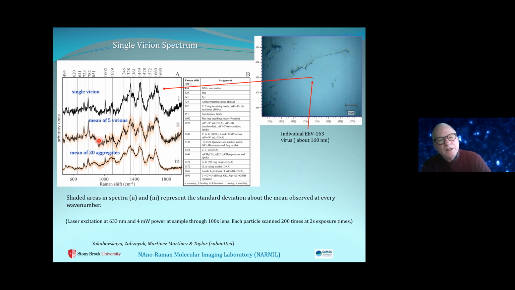We see peaks here that are attributable to lipids, which is diagnostic for the envelope that the virus has. So we were very excited to be able to produce a Raman spectrum from one single virus. And it tells us again that we've got DNA, we've got protein, we've got lipids.